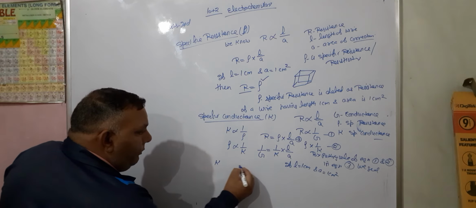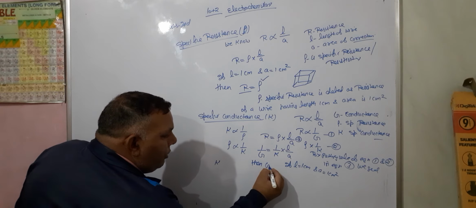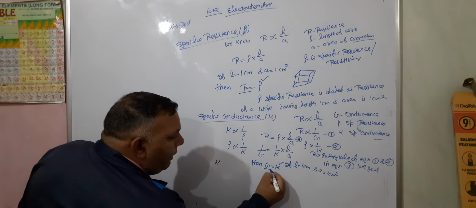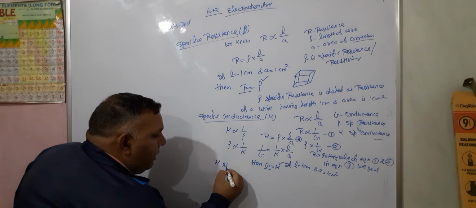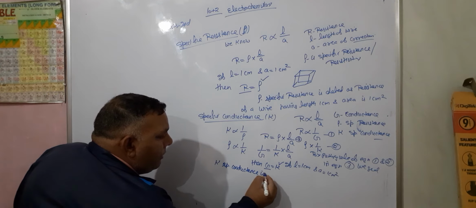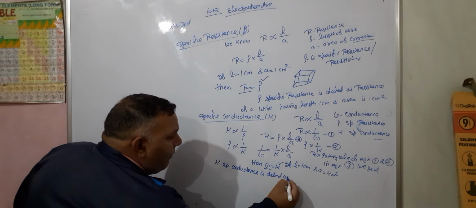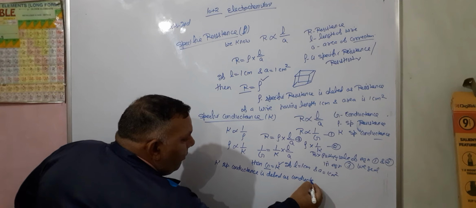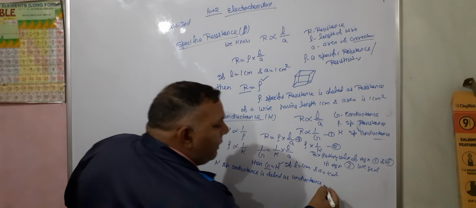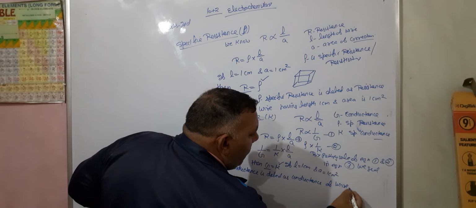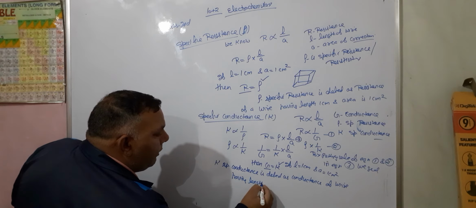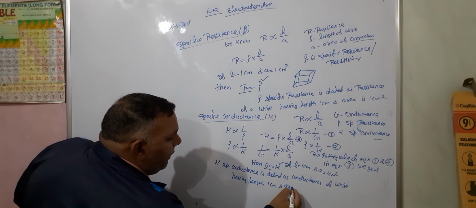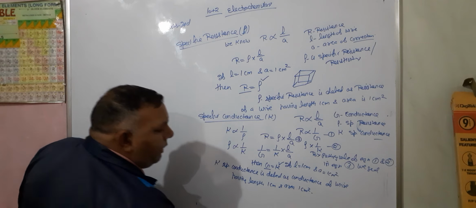Then G will be equal to K. We have to define K in terms of G. K, specific conductance, is defined as the conductance of a wire having length 1 centimeter and area 1 centimeter square.